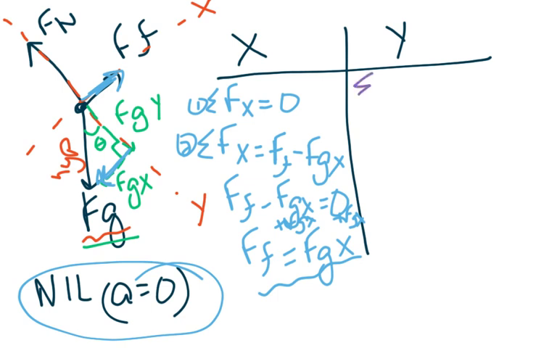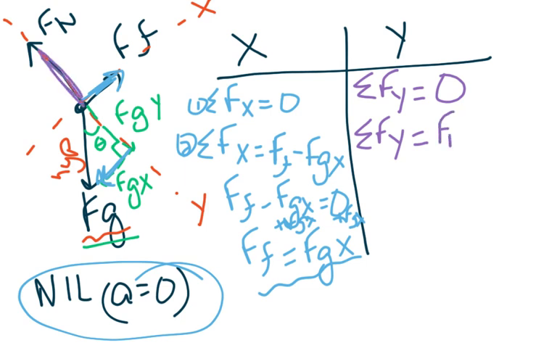I can do the same thing in the vertical direction. Again, it's all equal to 0. It is also equal to everything on my y-axis. I have no forces parallel. So I get the normal force minus that gravitational force, because that's my positive, that's my negative.